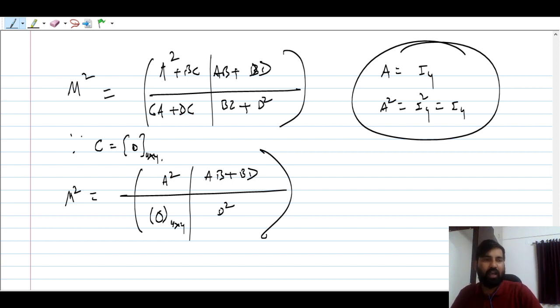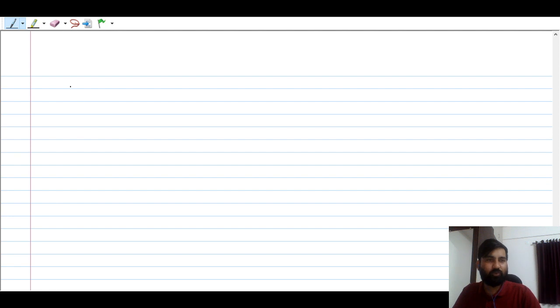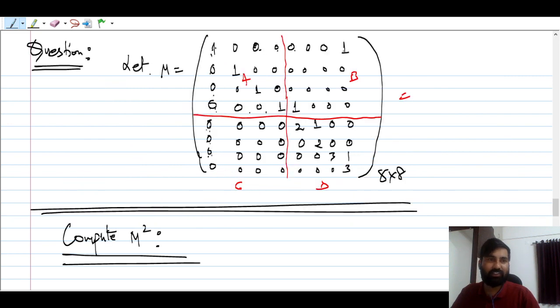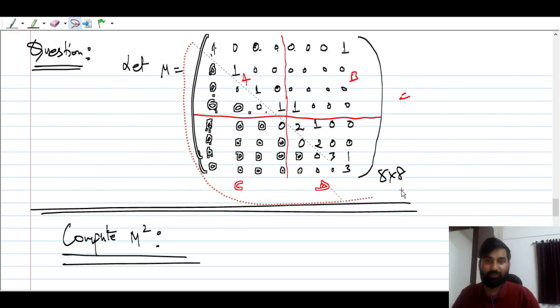तो देखो, I can directly write now M square is going to be the matrix only. आप अपना matrix copy कर लो सीधा, इसको copy करो. I'm not going to write it, guys. It's a very big matrix, you see.